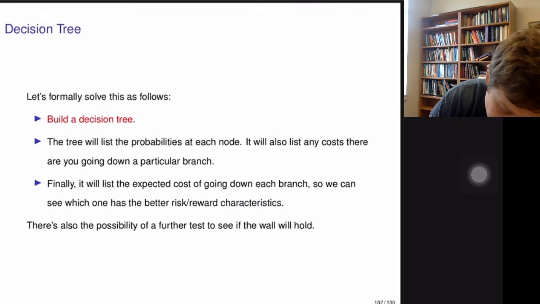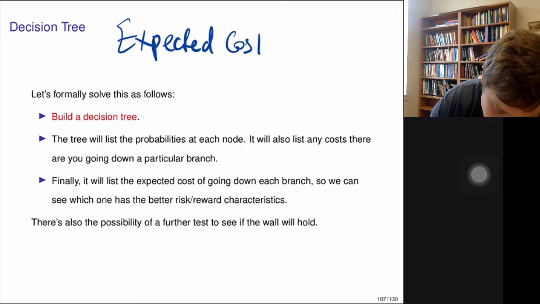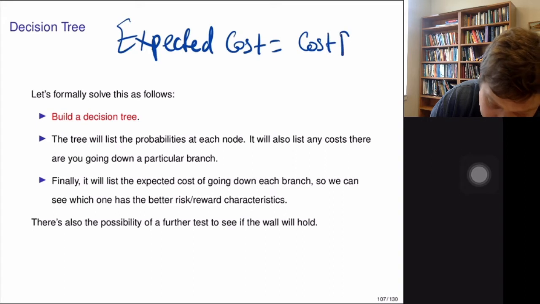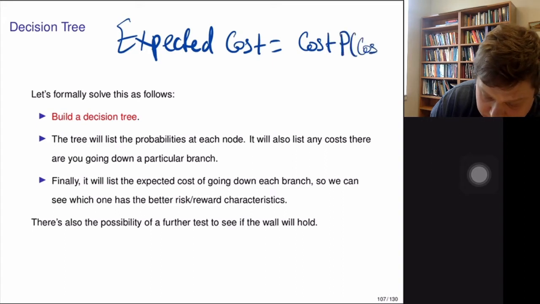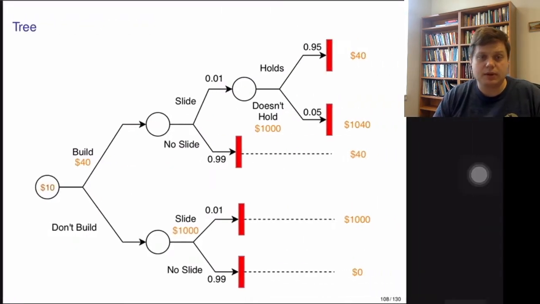So let's write expected cost. Expected cost is the cost times the probability of this cost occurring. Okay, so this one is measured in dollars, and this one is the probability of occurring of this cost. So we'll do the example, and you'll see what we're talking about.